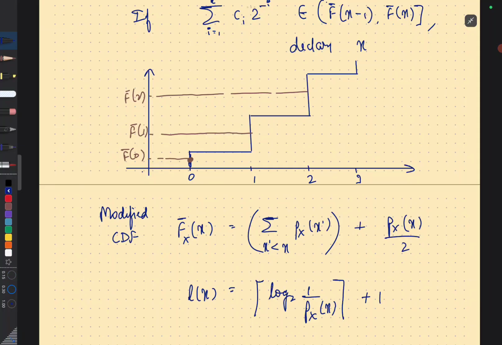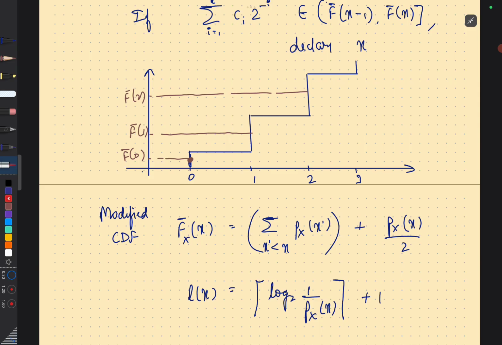So the geometric intuition for this is the following. Let's consider the CDF of the distribution that is given to us. For each symbol, the midpoint of each of these intervals corresponds to the value of the modified CDF. So this would be F-bar of 0, this is F-bar of 1, this is F-bar of 2, and so on. Each of these corresponds to some real number between 0 and 1.